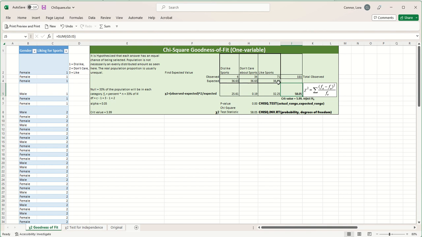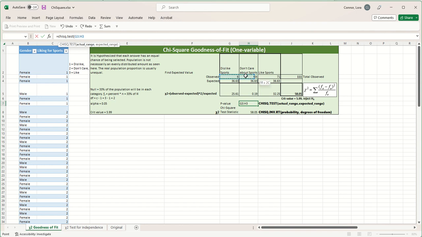They're different from one another. And we can calculate the p-value for this in Excel also by hitting equal sign and then typing in this function you see here, CHISQ.TEST.